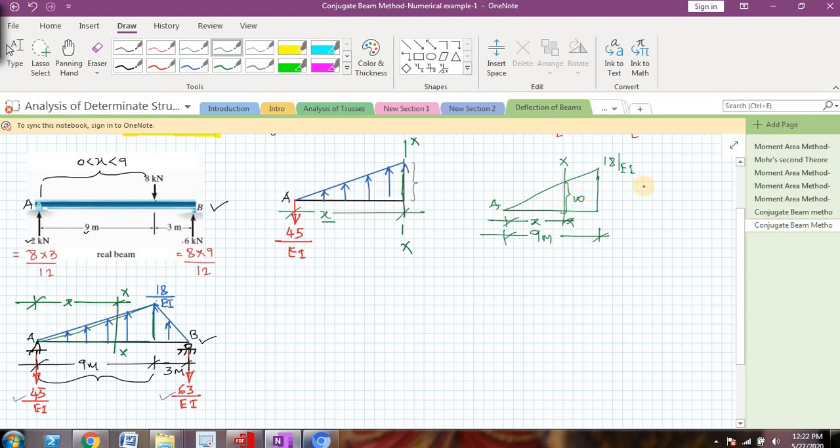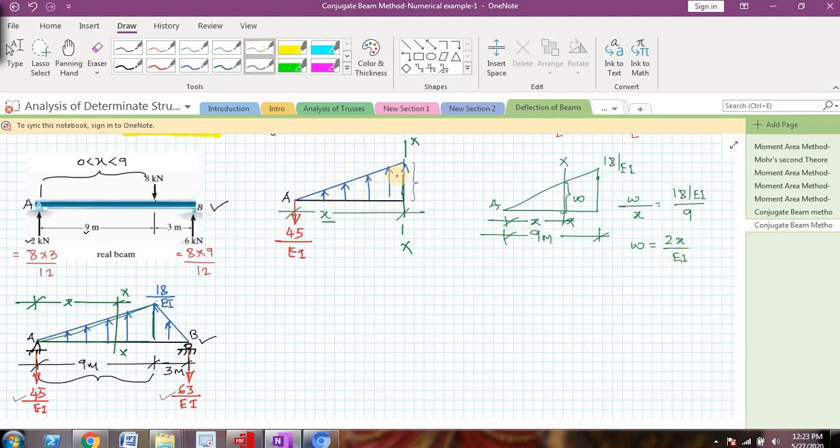Now using similar triangles I can easily write W divided by x is equal to 18 divided by EI divided by 9. So if you solve for W, you will get 2x divided by EI.